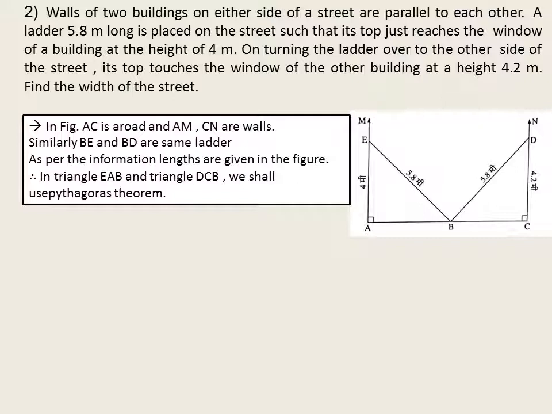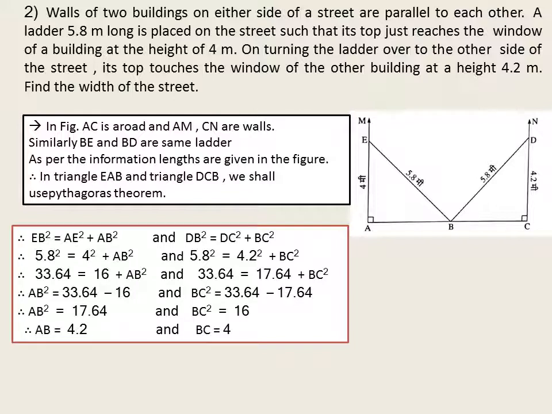Therefore, in triangle EAB and in triangle DCB, we can use Pythagoras theorem because both the triangles are right angle triangles. After using Pythagoras theorem, we can get the values of AB and BC. After adding the values of AB and BC, we get the length of road or width of road AC.